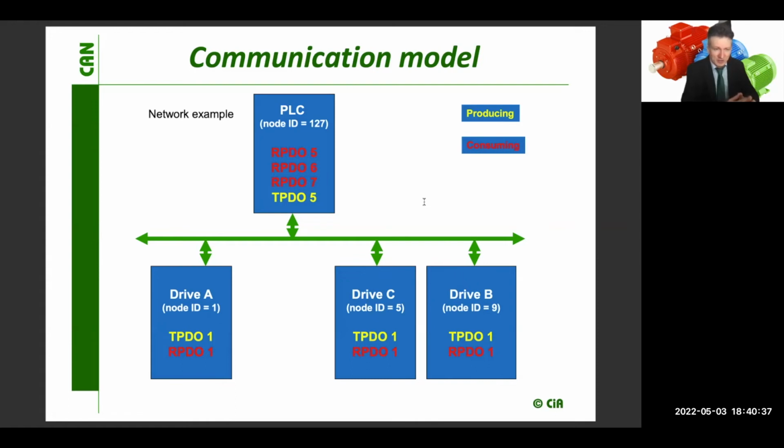Only transmission of the data designed with the linked PDO, meaning the data transmission of a CAN message transmitted over this network, has only one identifier, and only on this identifier the other device could recognize, is it a message for it, and is it this TPDO, is it configured as transmit or receive in this device.